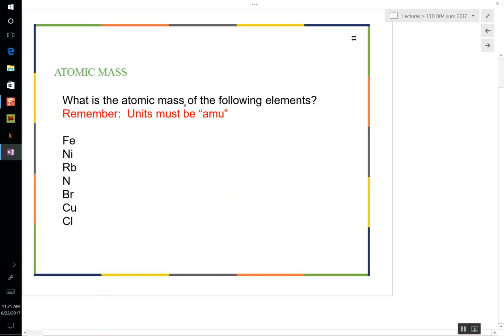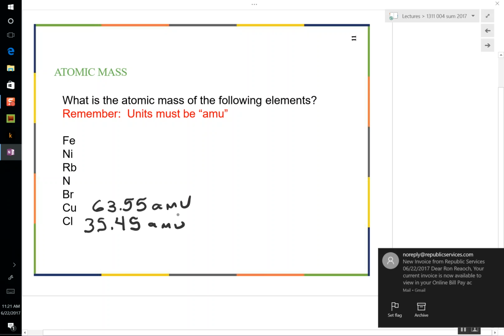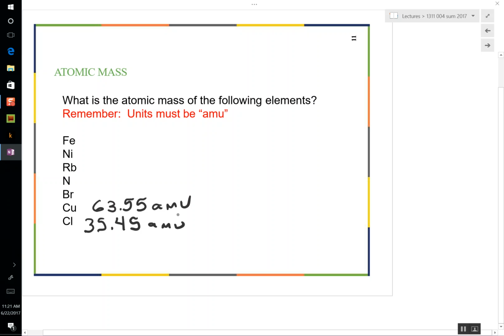All right, this is going to come right off the periodic table. Is molecular weight the same as atomic mass?